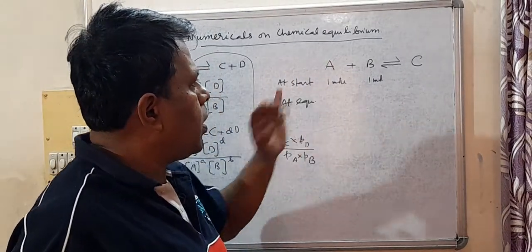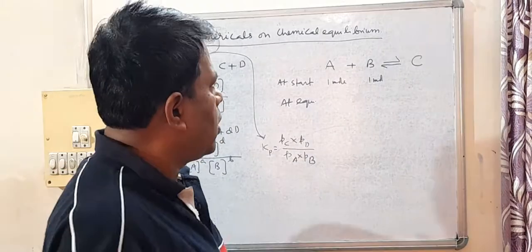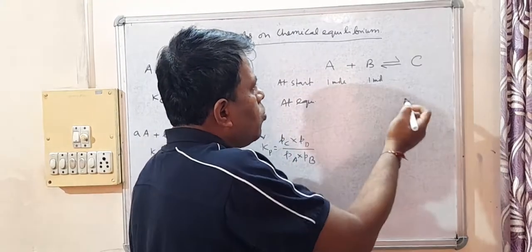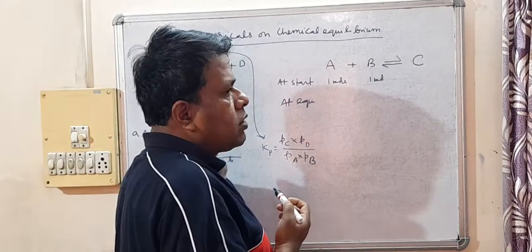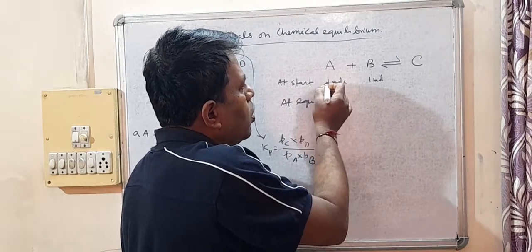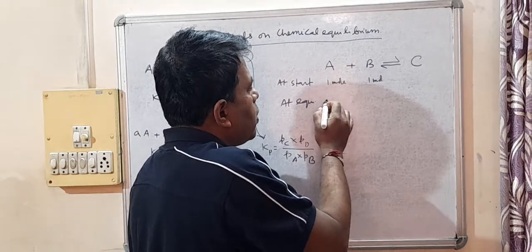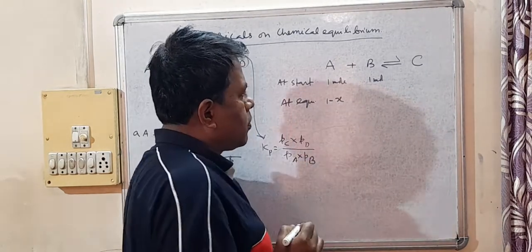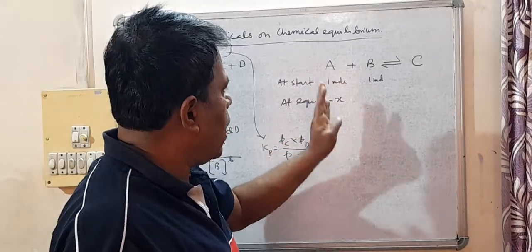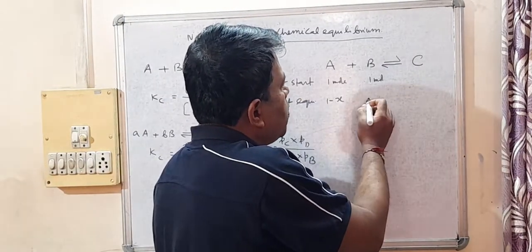Suppose x is the amount of moles of A that has reacted, and then equilibrium is attained. x of course is less than 1. So if from 1 mole, x mole has reacted, then the leftover will be 1 minus x. So moles of A at equilibrium will be 1 minus x. Similarly, moles of B also will be 1 minus x.